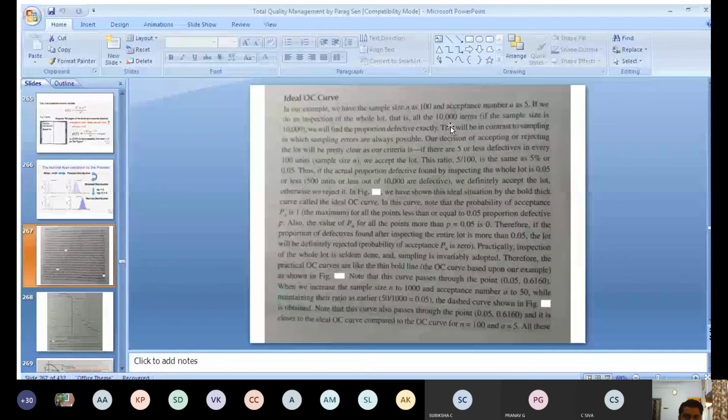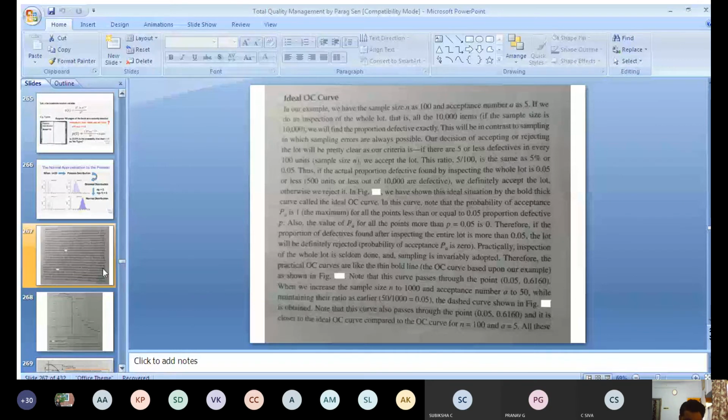So you are inspecting 100 items and your acceptance number is 5. I have said that proportion defective will be given by A by n. So proportion defective is 5 divided by 100. It will come out to be 0.05 or 5%.